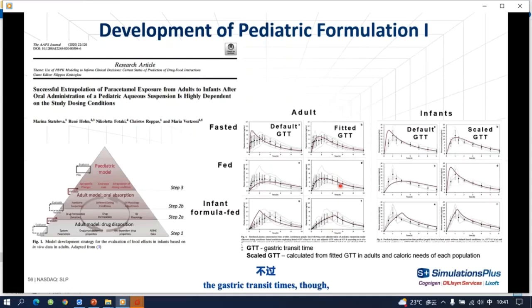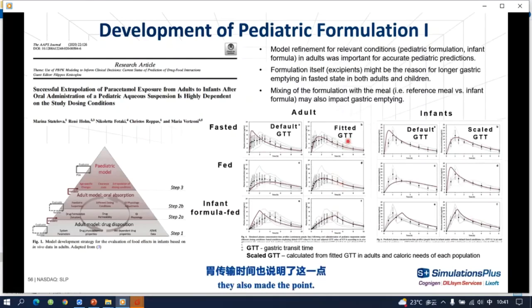The gastric transit times, though, they also made a point. It's not that the default gastric transit times in the program are bad, right? In this case, it could have been the formulation itself that was the reason for changes in the gastric emptying. They speculated that maybe it was the excipients changing the thickness or the composition of the formulation.